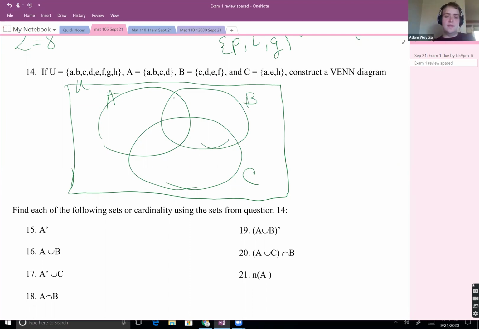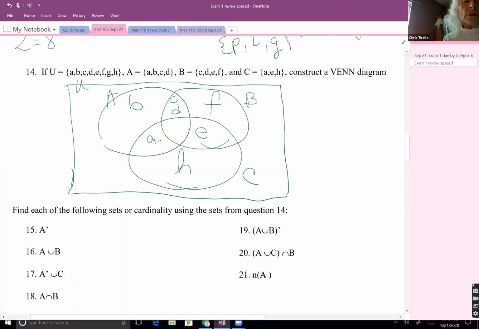C and D. Is there anything common to B and C? E. Is there anything common to A and C? A. Is A missing anything besides A, C, and D? B. Is B missing anything besides C, E, D? F. Is C missing anything besides A, E? H. And the universal set has to have A, B, C, D, E, F. Are we missing G? G.